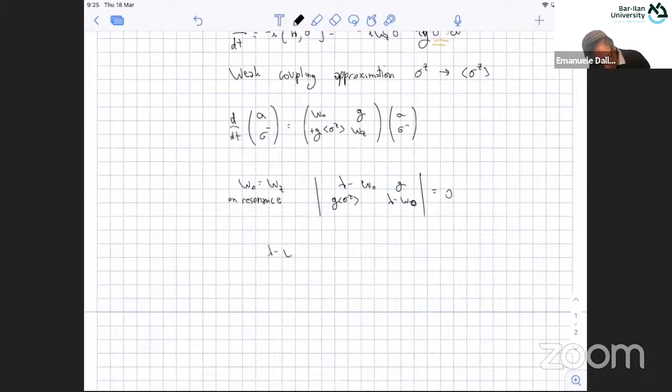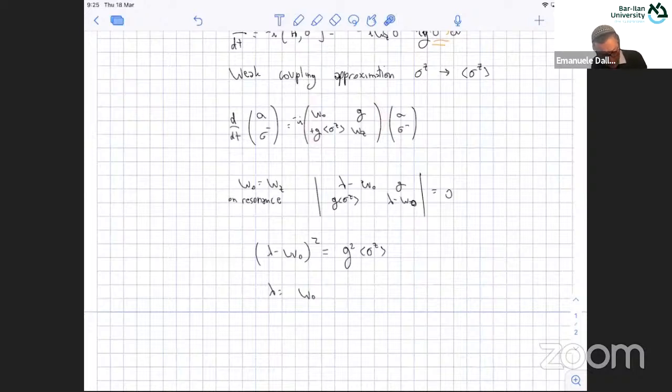So it means that lambda minus omega 0 squared minus G squared sigma Z is basically equal to 0. Oh, there is an i in front of this. Yes, the i is important. But let's just diagonalize this matrix. We then need to multiply by i to get the eigenvalue itself.